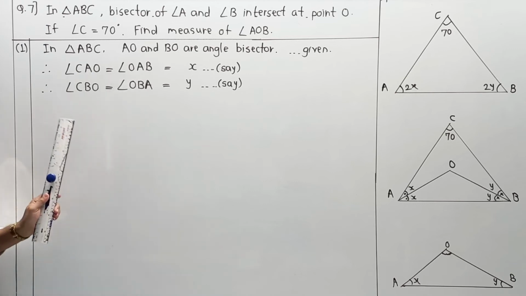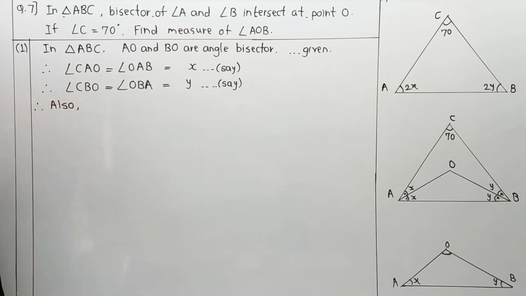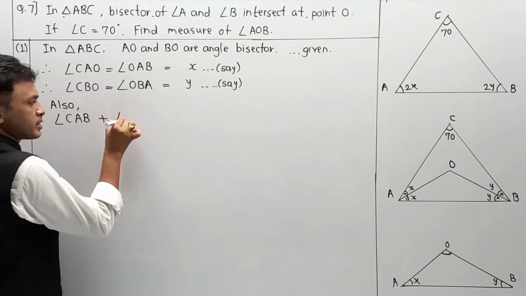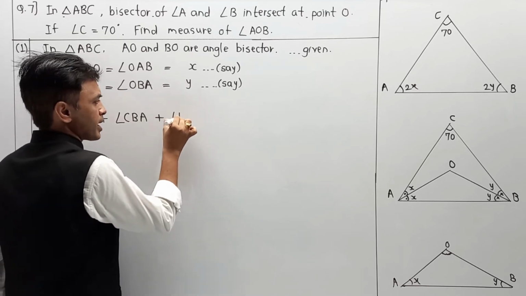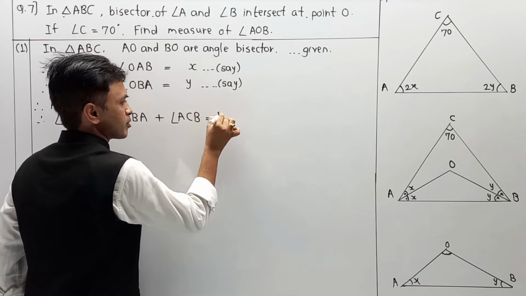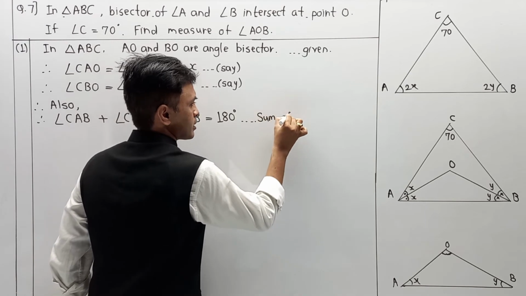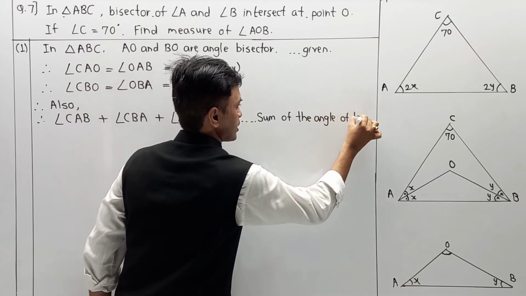Now from this declaration we are entering into the triangle ACB, or you can say ABC. Here, angle CAB plus angle CBA plus angle ACB is equal to 180 degrees. Reason: the sum of the angles of a triangle is 180 degrees.